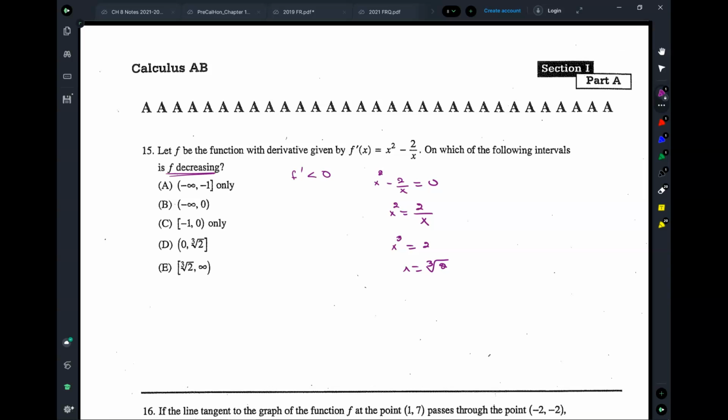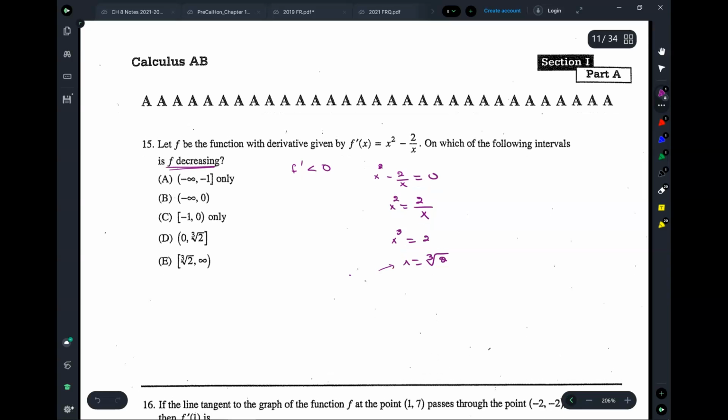x is cube root of 2. But not only do I want that, okay, this is where f prime of x is equal to 0. But I also want where f prime of x is undefined, which is x equals 0. So to figure out whether a function is increasing or decreasing, remember I need to put it on a number line.